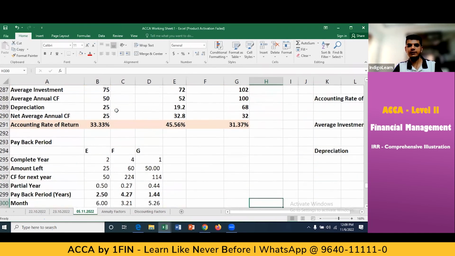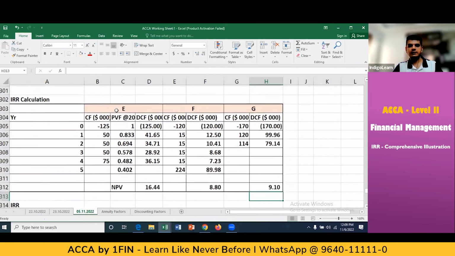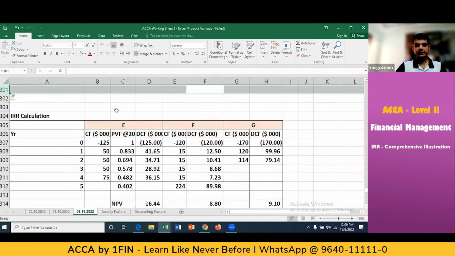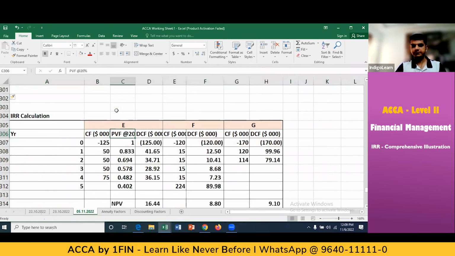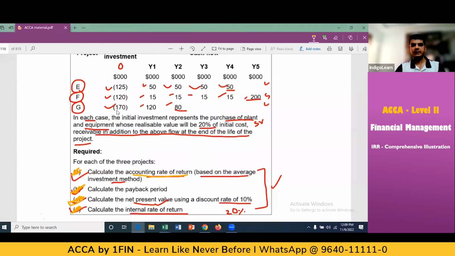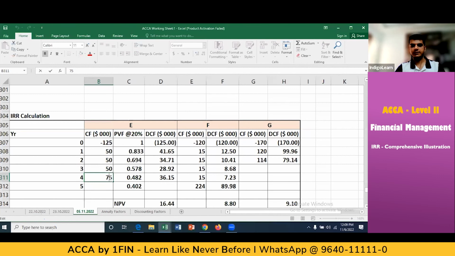So I have taken 20, suppose. With 20, what answers am I getting? Again, the cash flows would be the same, that is 125, 50, 50 and 75, just copied from above. Same for the other projects. Now the discounting factors I have taken for 20% instead of 10%.